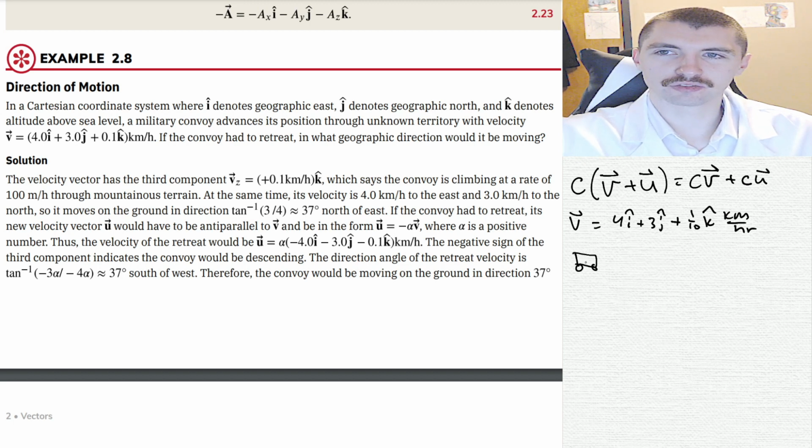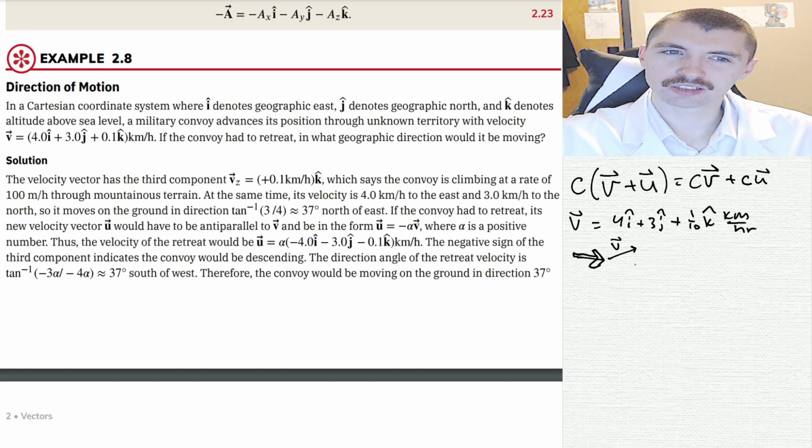It's more like a plane. So it's moving kind of like this in 3 dimensions. So if it had to retreat, which geographic direction would it be moving?